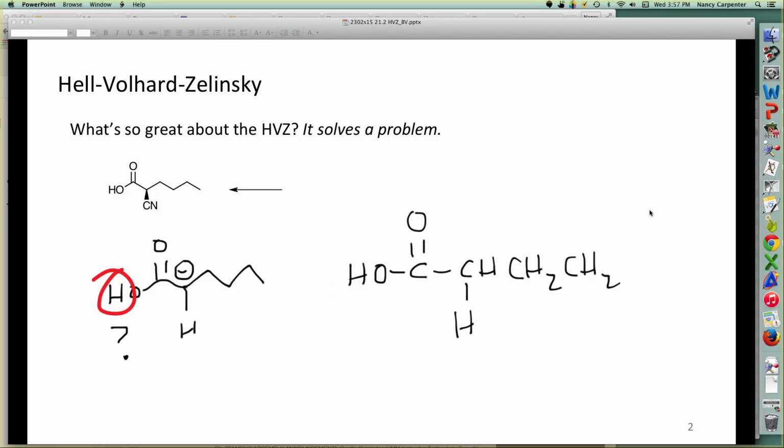Alright, so that's going to be removed. I get a negative charge there. Then I'm pretty much dead in the water, because there's really not going to be a good way to take that hydrogen off too. That dianion is too unstable. It's too difficult to carry out that deprotonation.